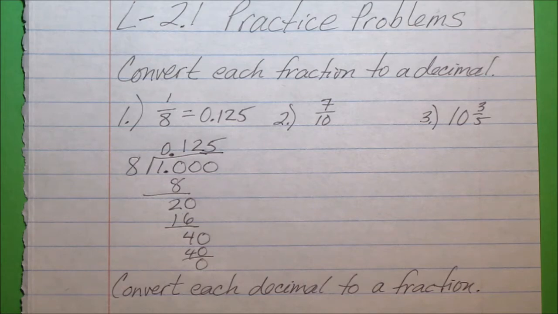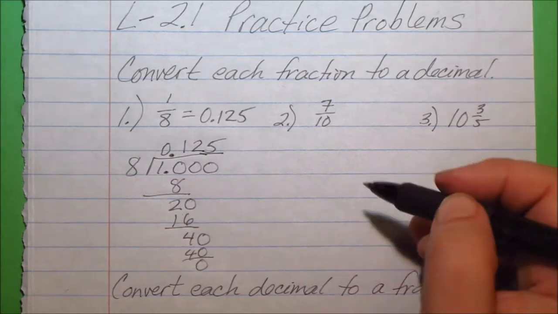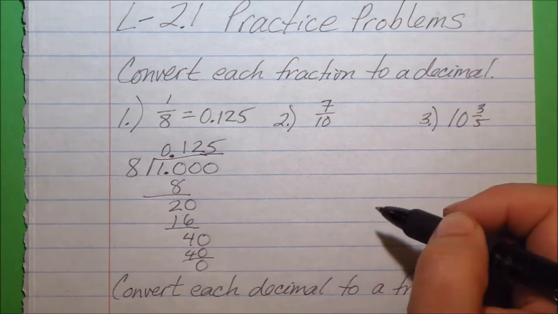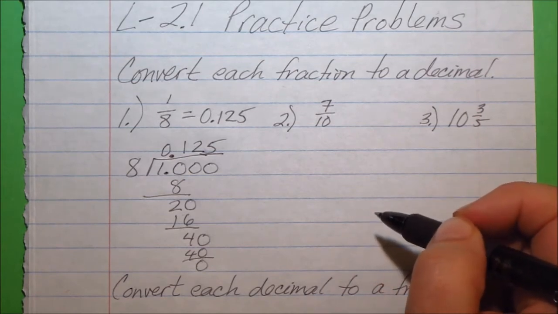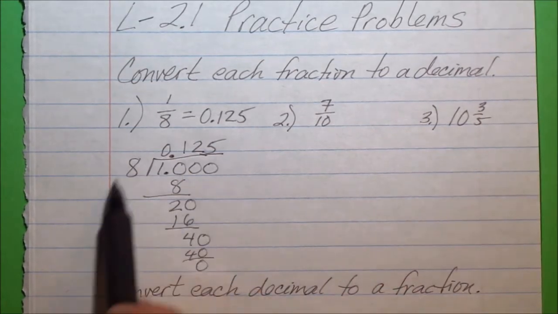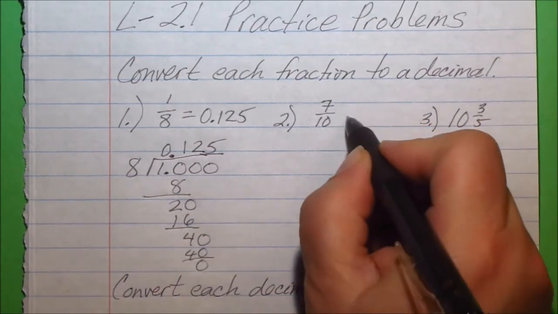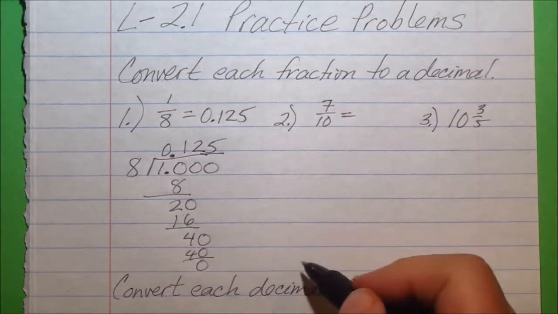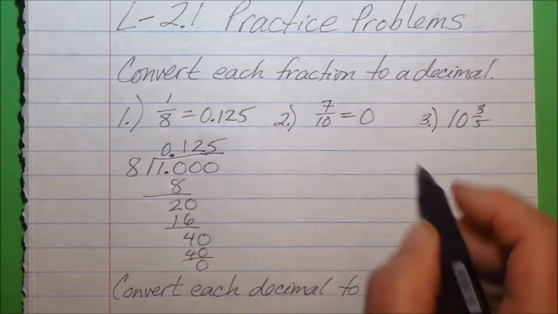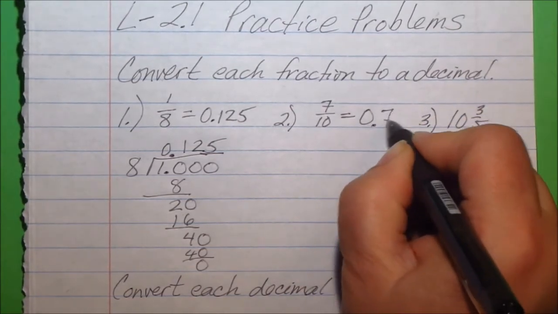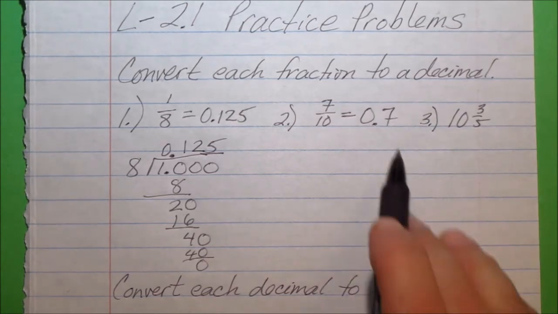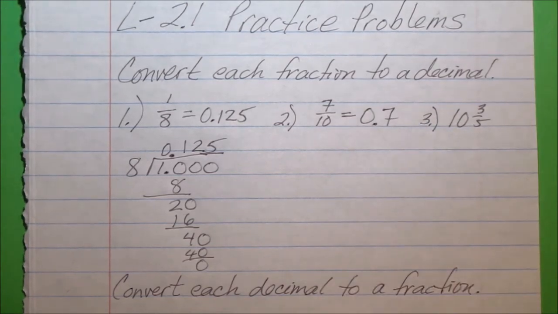All right, number 2, 7/10. All right, so its decimal equivalent. Now on this one, we can do the dividing here, and your teacher may require you to do it, but 7/10, if I understand how decimals are written, literally means 7/10. My 7 is in the tenths place.